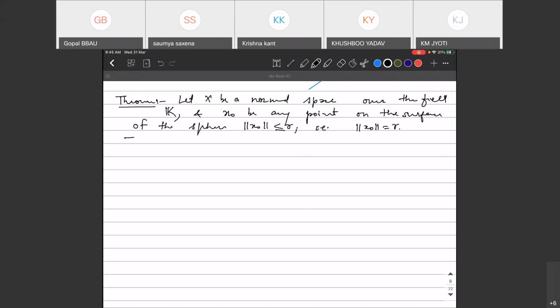Then there exists a plane supporting the sphere at the point x naught.